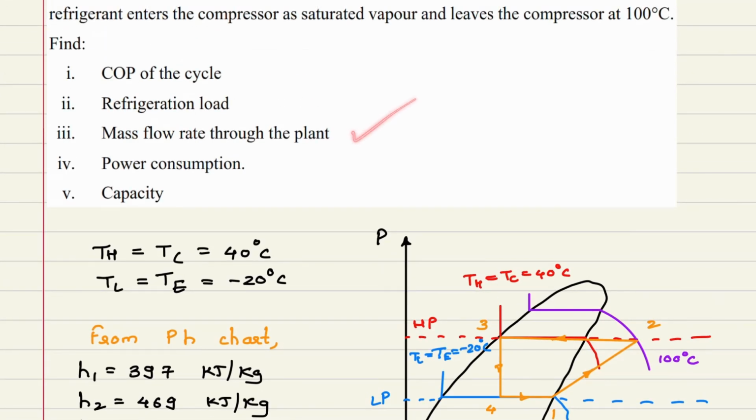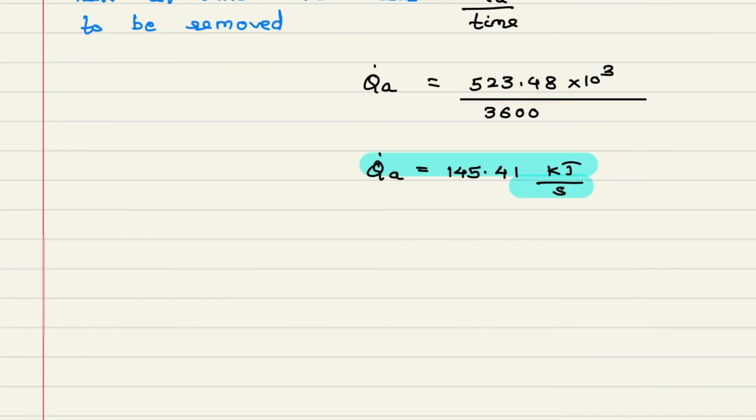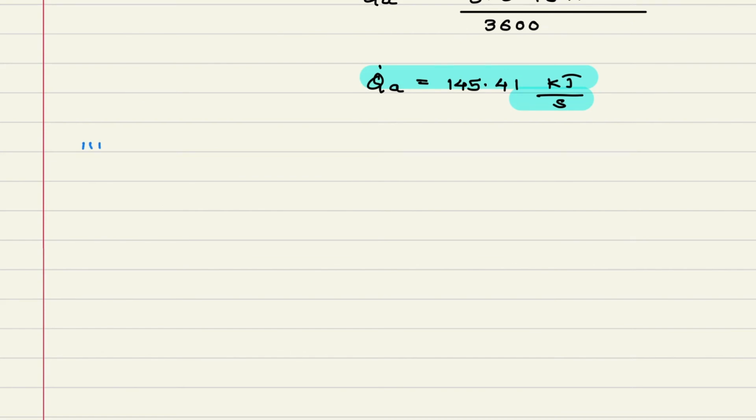Mass flow rate through plant. Okay, now Q dot A we have calculated. From there we can calculate mass flow rate. So I'll write down next heading M dot R. Third calculation M dot R. How to calculate?